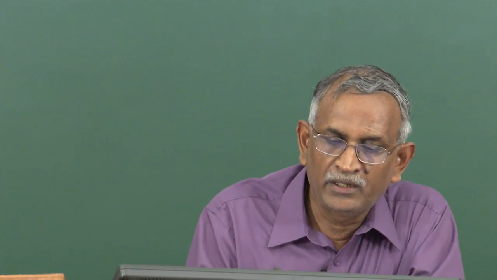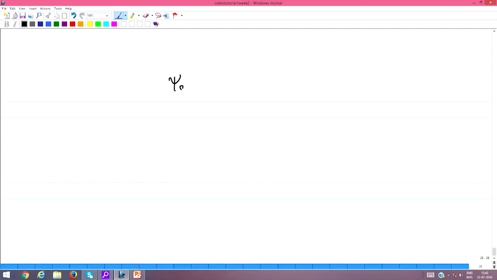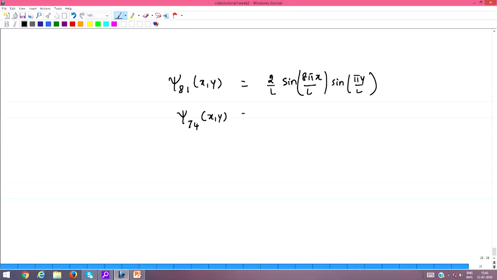And writing these states is fairly straightforward. I will write this for one state, psi 8 1 of x comma y, in our notation, it is 2 by L sine 8 pi x by L sine pi y by L. Quite obviously, the other, psi 7 4 of x comma y, is written as 2 by L sine 7 pi x by L and sine 4 pi y by L, and there are 2 more states with the 8 and 1 interchanged and 7 and 4 interchanged.